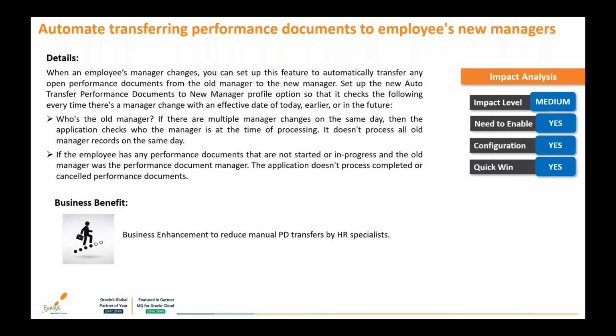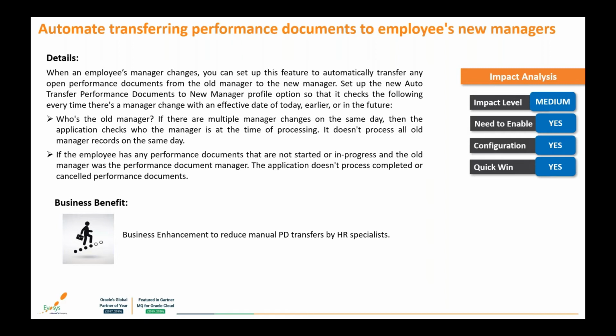I'll give you a scenario wherein in a day, suppose an employee was reporting to manager A, and in the afternoon there was a manager change to manager B, and for any hypothetical circumstances, at the end of the day there was another manager change, manager C, for that employee. That doesn't mean that all the managers will get the performance document.